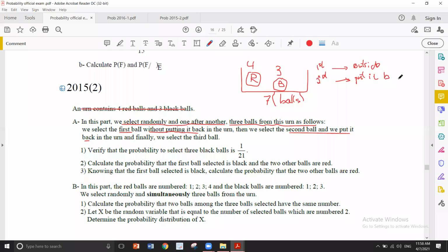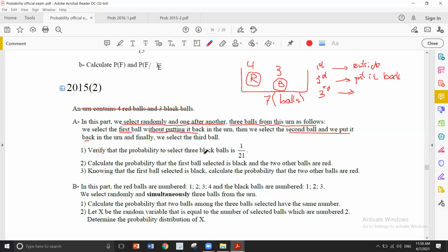Third, we take it. So the first time we have 7 balls. To choose the second, how many balls do we have? 6. The third ball? 6, because in my case the second ball we replace it back, so we still have 6.